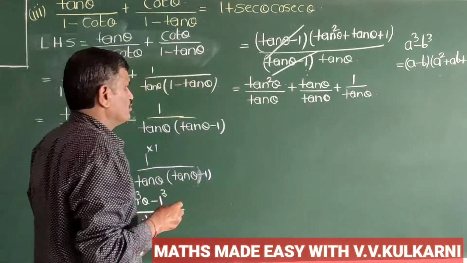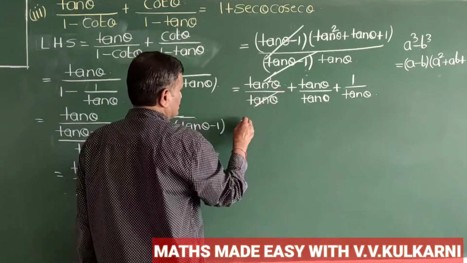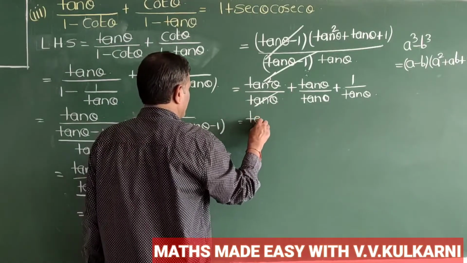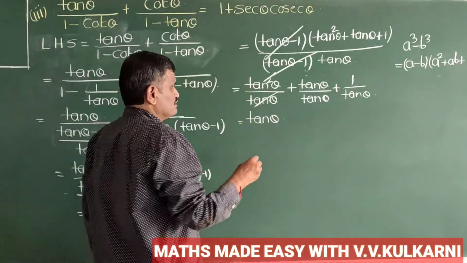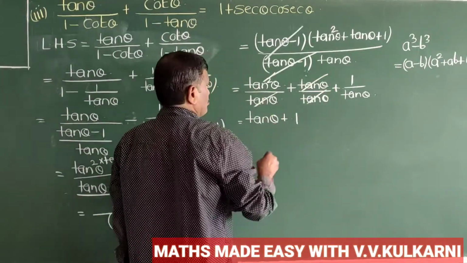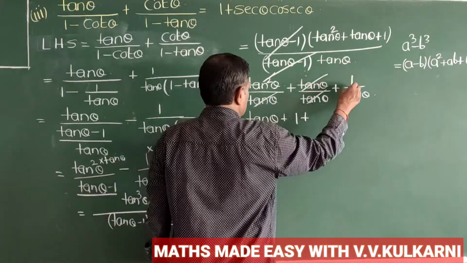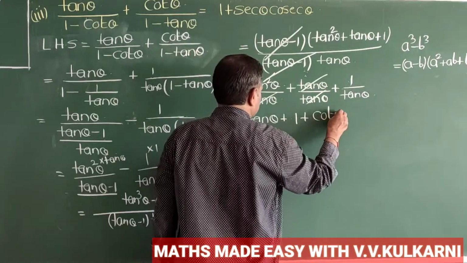Let us see what we are going to get here. This cancels here, it cancels here. So what I get here is tan theta, I am getting here tan theta. Here tan theta cancels, so what am I getting here? 1 I am getting, and this is 1 by tan theta, I am getting cot theta.